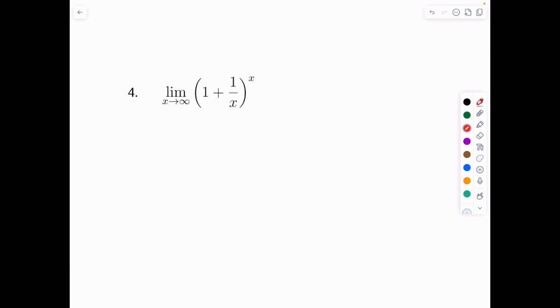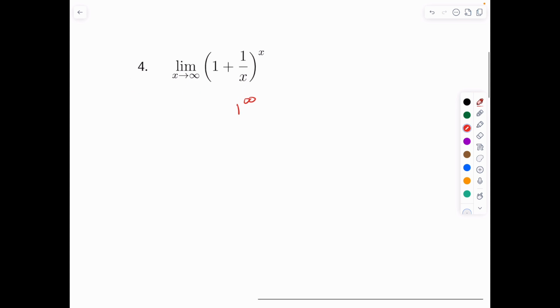This one is 1 to the infinity, right? Because 1 plus 1 over infinity, that's 1. And then you've got that x becomes infinity. So this thing, it's not an infinity over infinity, but we can manipulate this.